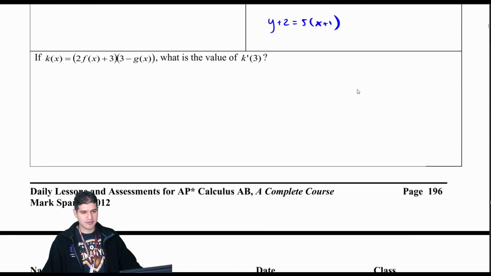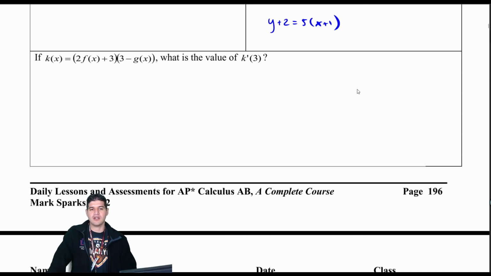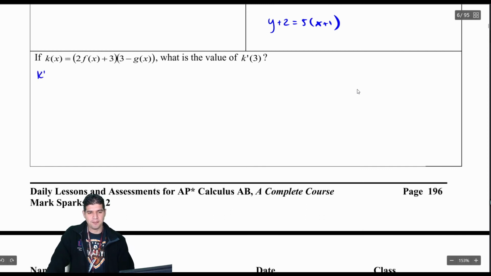And we've got one question remaining, and this one's a bit of a beast of a problem, but it's just the product rule. So split it up into the first function and our second function. So we want to find k prime of x first. And so the derivative of the first, so that's going to be 2f prime of x. The 3 is a constant, so this is going to be the derivative times 3 minus g of x. Plus the first, so 2f of x plus 3, times the derivative of the second, so times negative g prime of x.